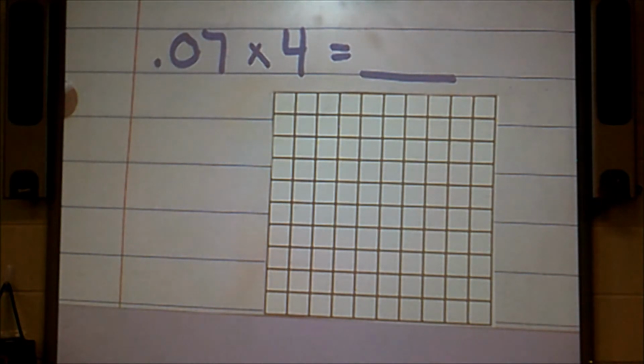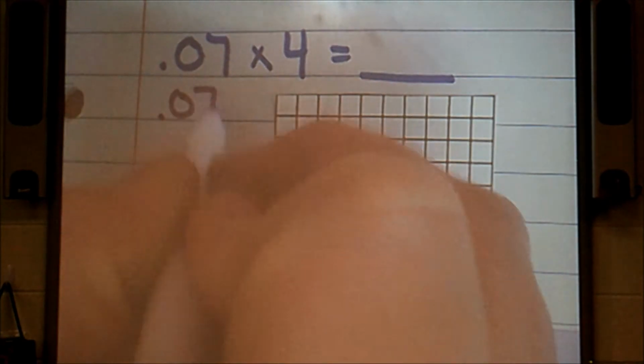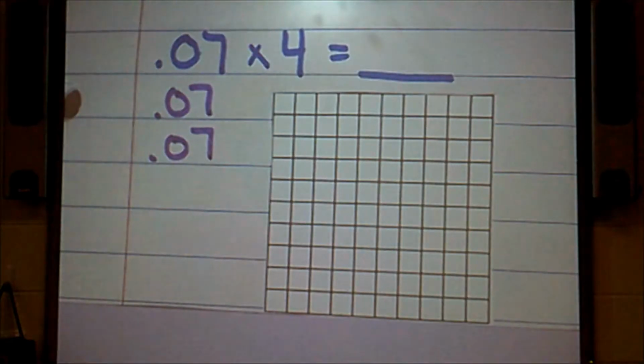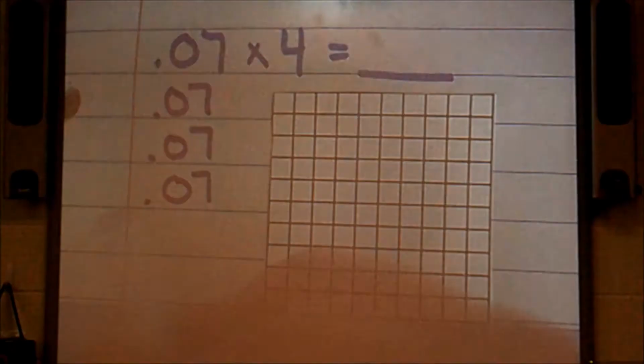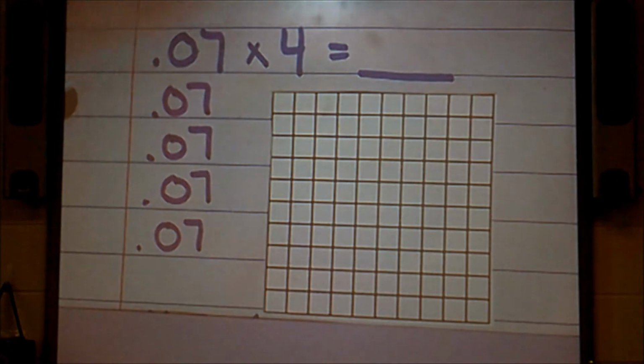So, that being said, I know I could actually do this as 7 hundredths, 7 hundredths, 7 hundredths, and 7 hundredths. I have 7 hundredths written 4 times.